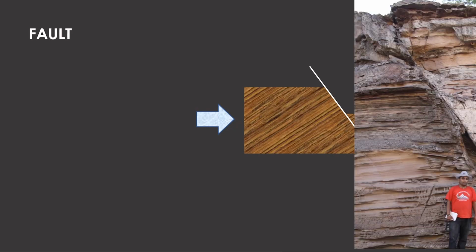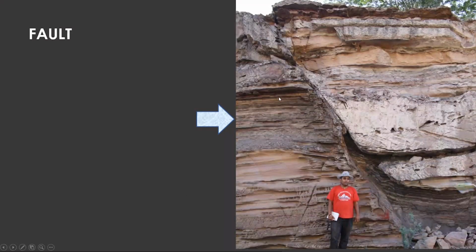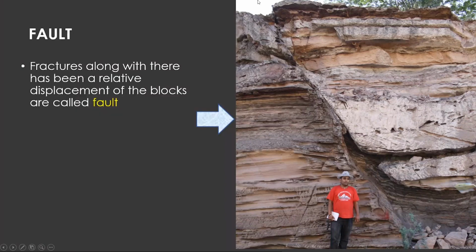In nature, you can see here a solid rock which has moved along a faulted surface, so we call it a fault. What we see here is a broken surface, and this broken surface is three-dimensional. When we look at the cross-sectional view, we find it is a straight line or a cut line, but it is a three-dimensional feature.